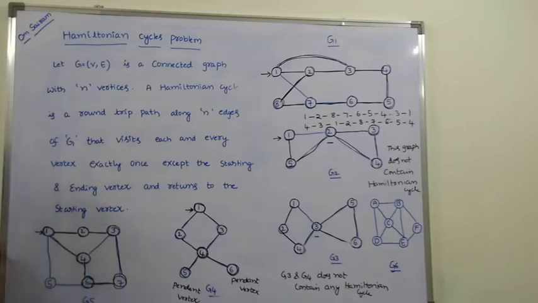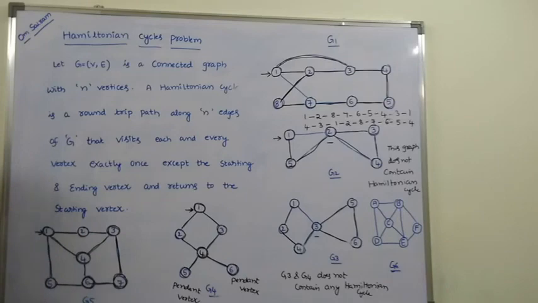We have to check another way. Suppose we are starting at vertex 1. Next we go to vertex 5, then vertex 6, then vertex 7, then vertex 3, then vertex 4, and then back to vertex 1.